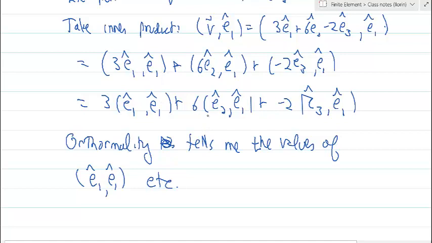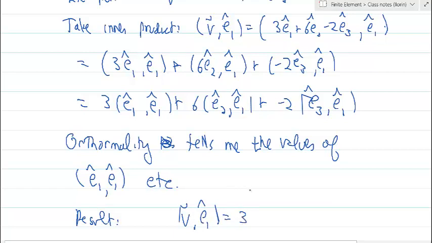Again, I say orthonormality relates to perpendicularity, so you should be able to understand the values of these inner products. So some of these inner products will cancel, and my result will be that the inner product of v with e1 is equal to 3.